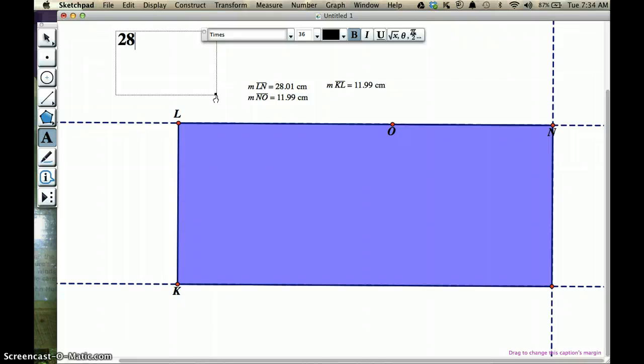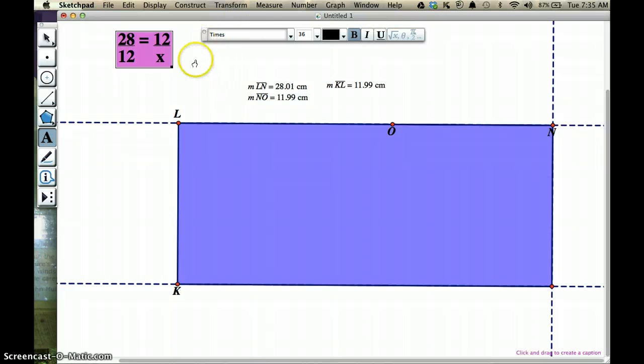28 equals 12 over 12 and x. So basically, in order to create this as a function, I would address it this way.